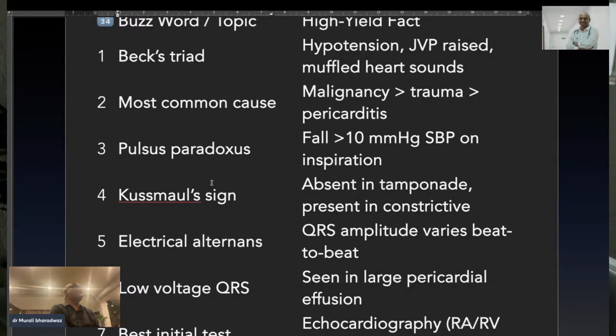But what happens in cardiac tamponade? All the fluid around the heart will exaggerate this, and there is more fall of BP and cardiac output, so you can't feel the pulse, but the heart is still beating. That's the paradox about pulsus paradoxus.